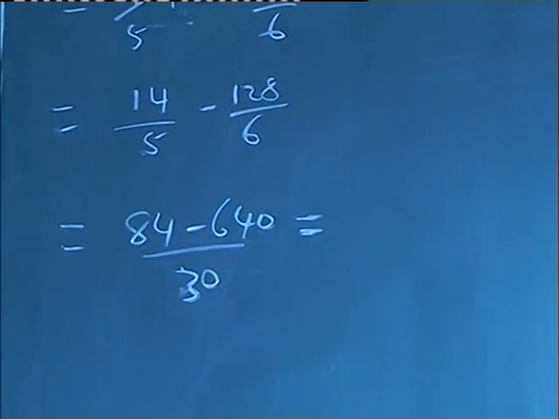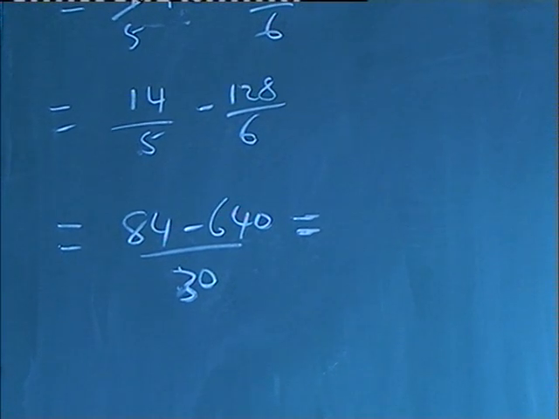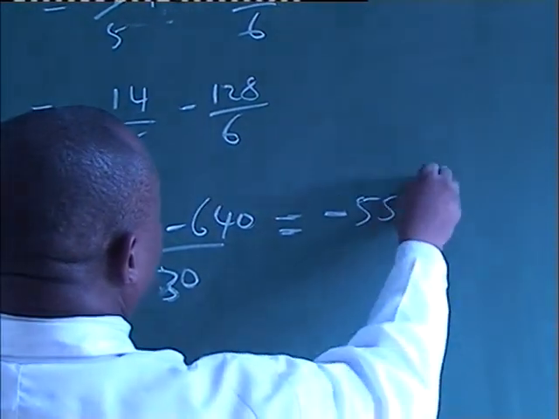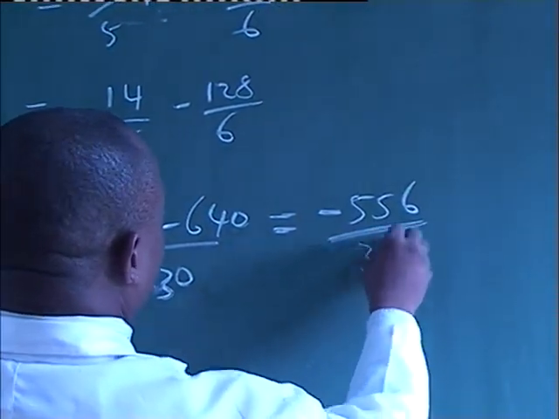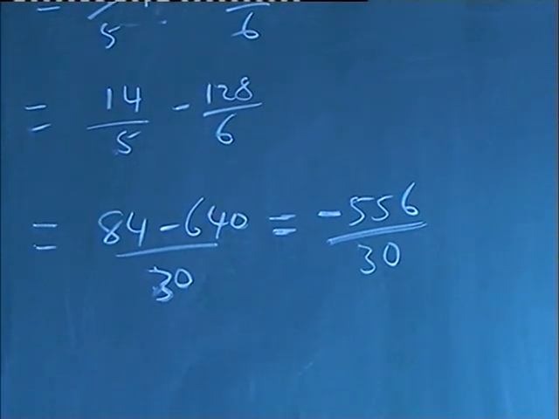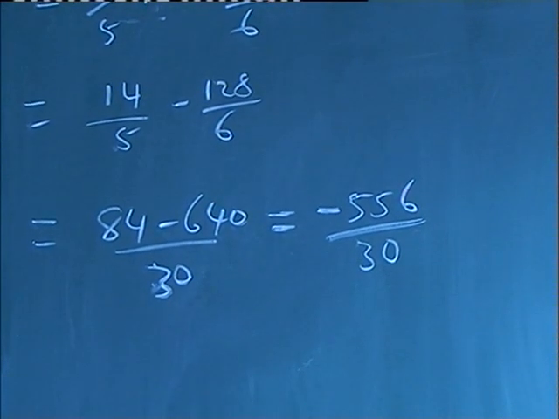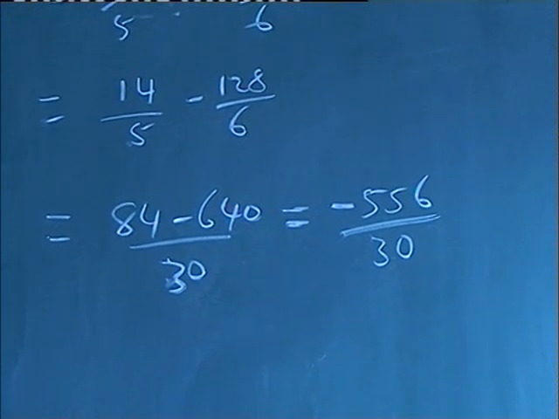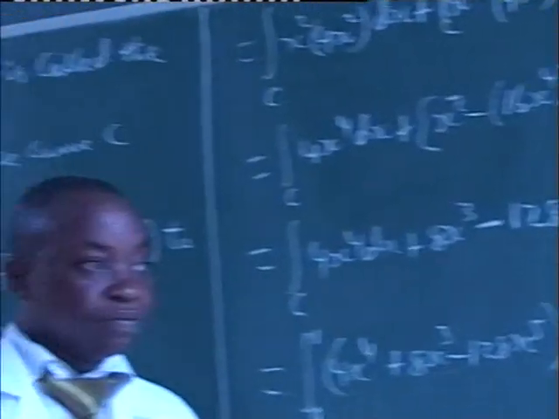So minus 640 plus 84 gives us minus 556 over 30. So that is the line integral. That is how we do it. It's very, very simple and short to do.